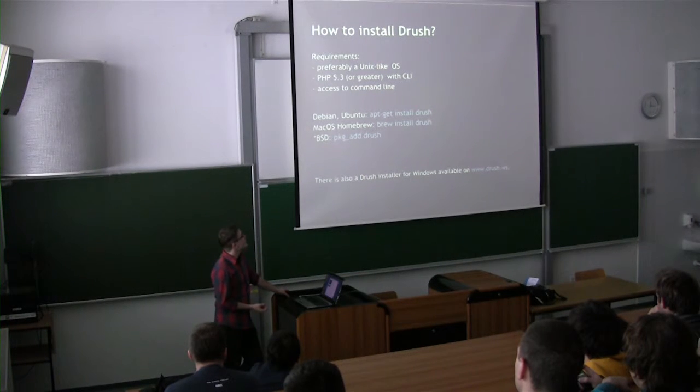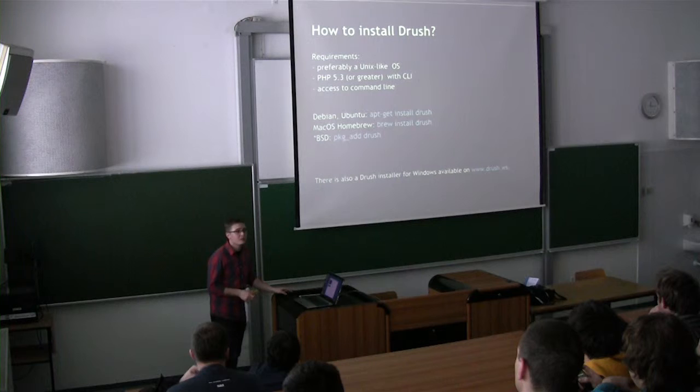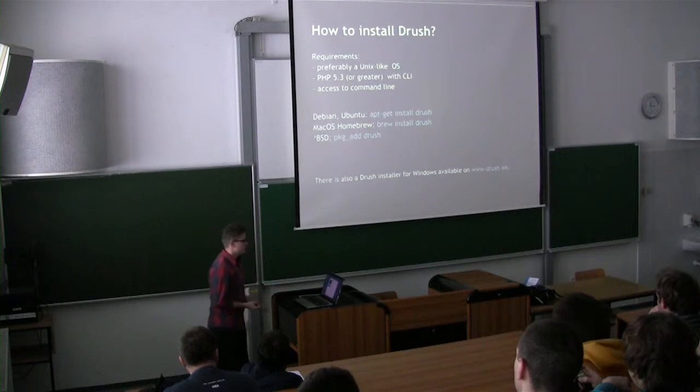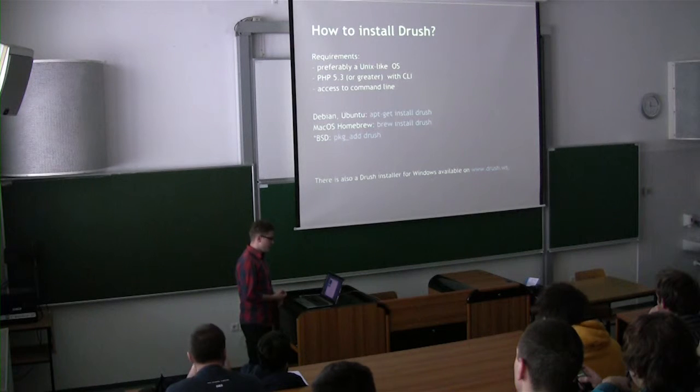I think in Debian's stable repository currently it is 4.8 or something like that, and the current stable Drush version is 5.8. It's a very big difference. On macOS, it could be installed with Homebrew, and on BSD systems via pkg add.